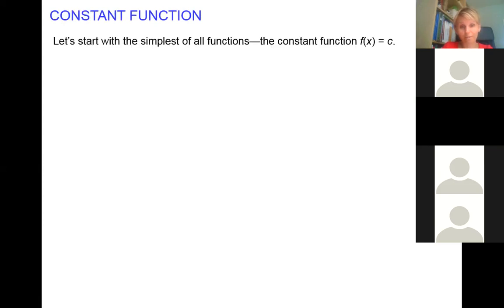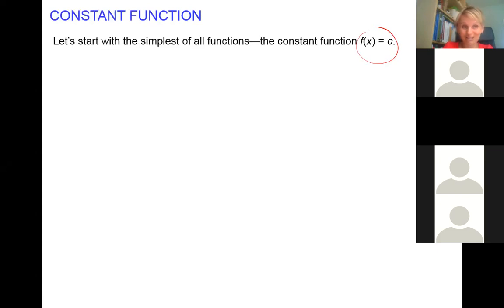Let's start with a constant function. That means we have a constant function c, just f of x equals c. And what do you think? What is the derivative of the constant function? Can you type? Can you tell me? Derivative of a constant?